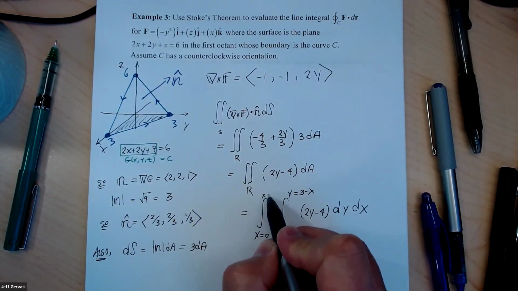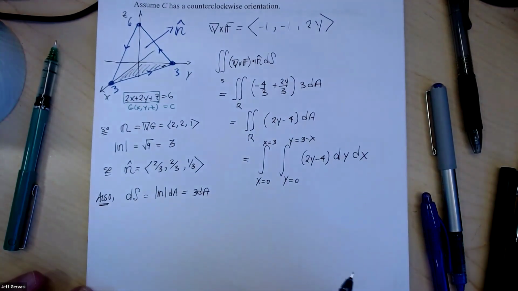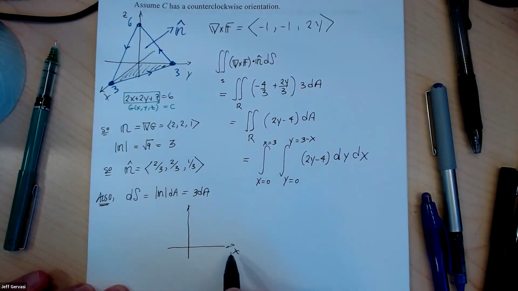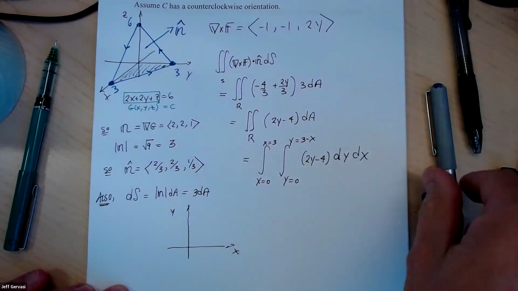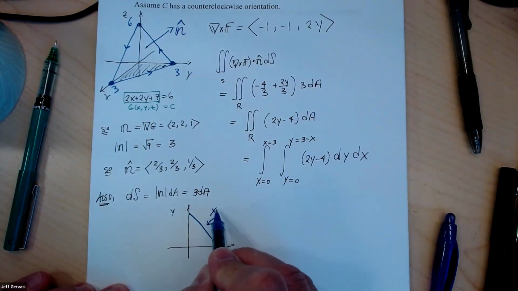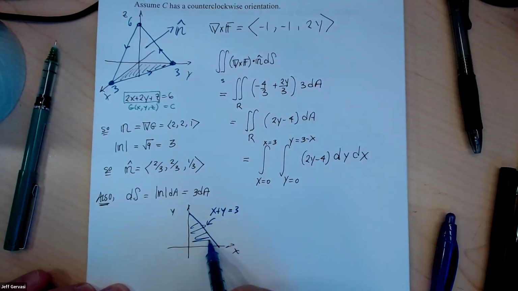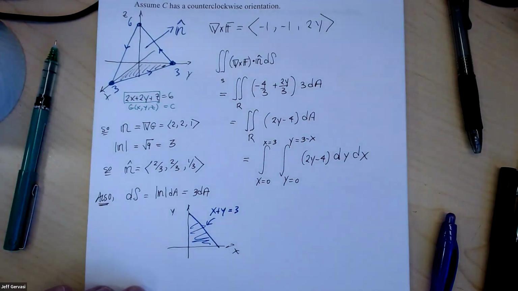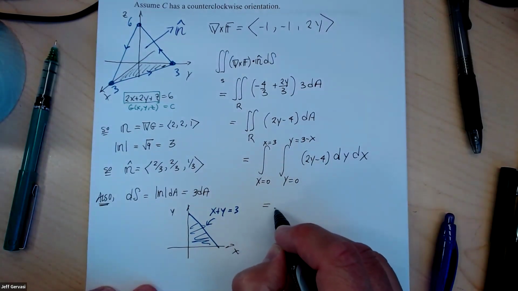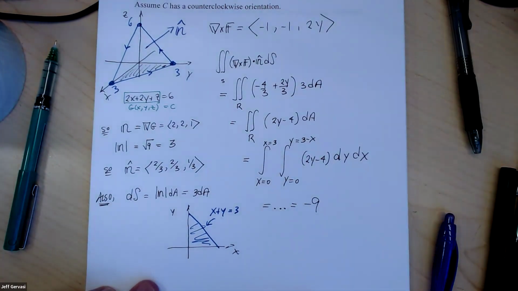Should get this. Okay, right? Because our region R in the xy plane is right here, and it's bounded by x plus y equals 3. Okay. Now, straightforward calculation for this double integral, again, I'll leave it to you for the details, should get -9.